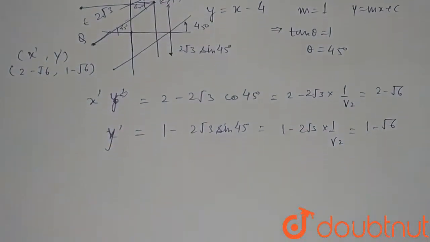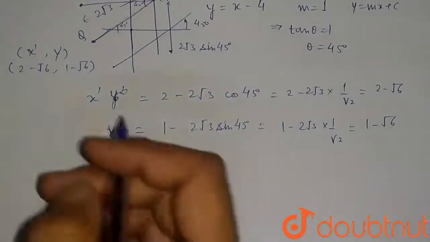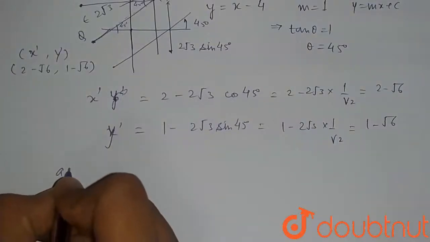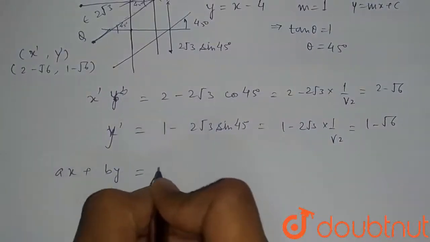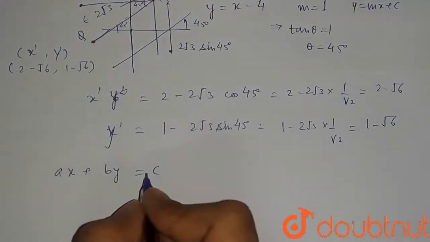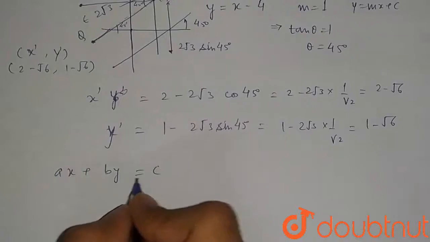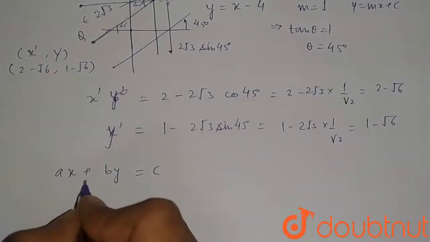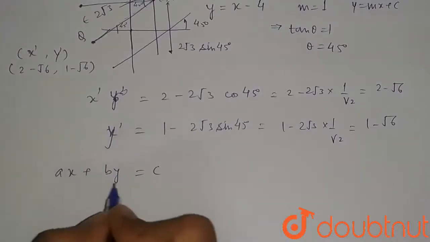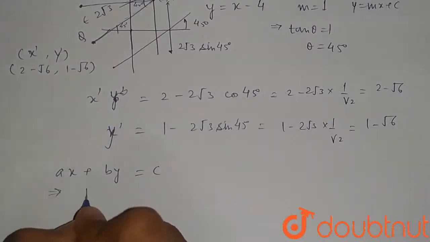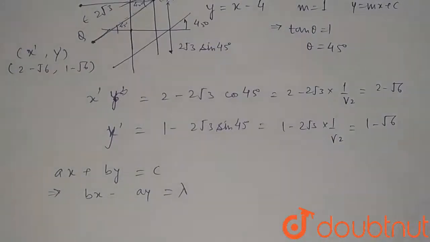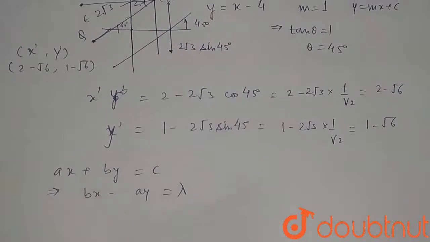Now if we have to find the equation of a perpendicular line, let's say we have the line ax plus by equals c, and we have to find the line perpendicular to this. We can find this by just exchanging the coefficients of x and y. This can be written as bx minus ay equals lambda, and putting some conditions we can find the new line.